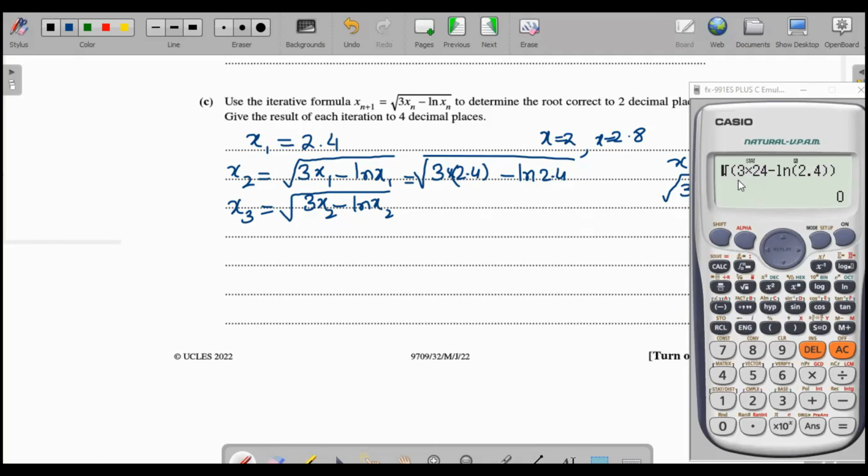From this, putting these values in the calculator, we can calculate the other values easily. I put 3 into 2.4 minus ln 2.4. Now we get 2.51.